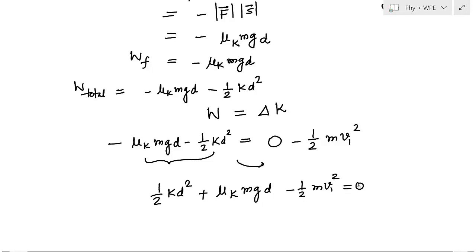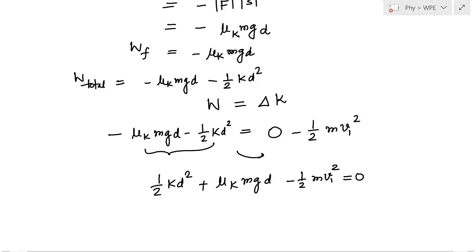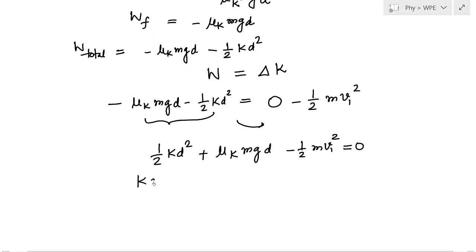Now this is a quadratic in D. What is my target? My target is to find the D value. So we can further write kd square plus 2 mu k mgd minus m v1 square.